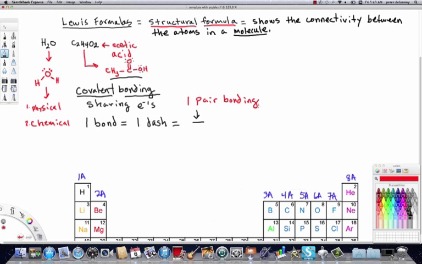That's what the dash means. Right? One pair of bonding electrons. And you'll notice that the other type of electron, which I'm drawing an arrow to here, is shown by two closely paired dots. And this is what we call an unshared pair of electrons.